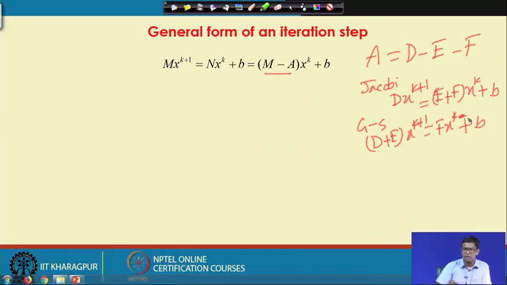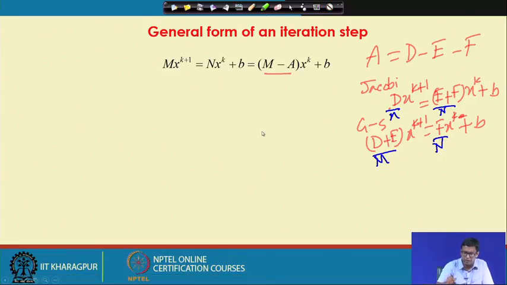So, we can see that if this is M and this is N, and similarly here this is M and this is N, then if we add M and N, this should give me A.